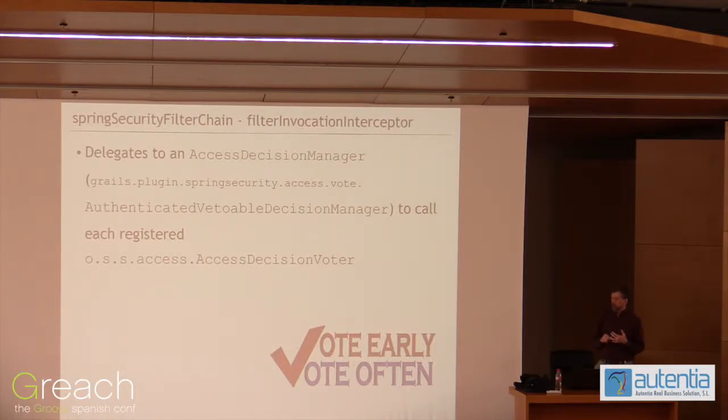If you vote no, then you're probably not going to get allowed in. If you vote yes, you probably will get allowed in, and then abstain is kind of weird. So that's all very configurable. There's some default behavior, there's some custom behavior in the plugin, and that's where all that work happens.